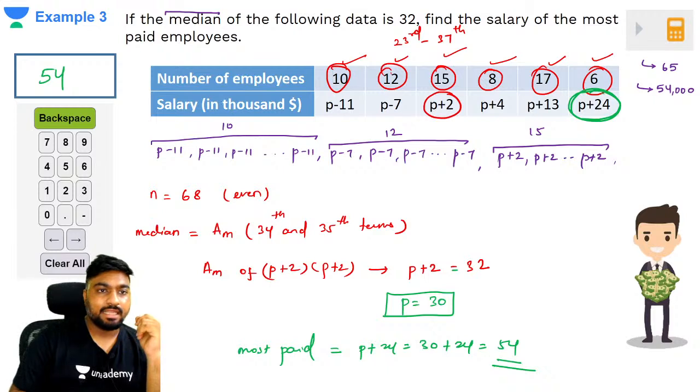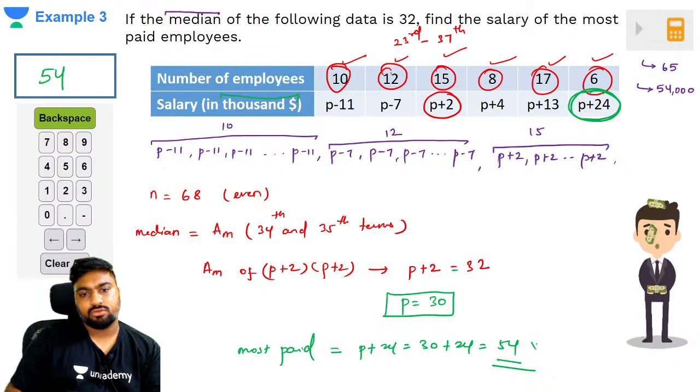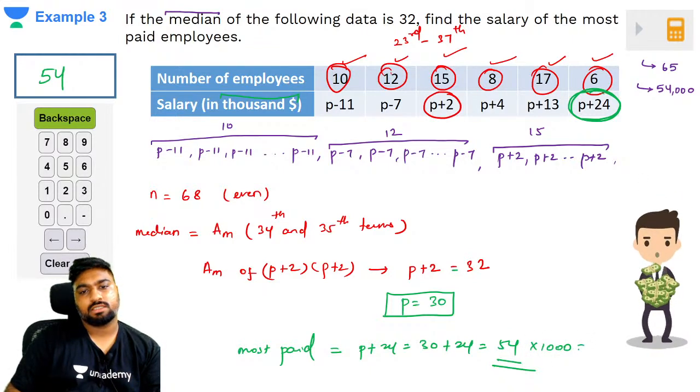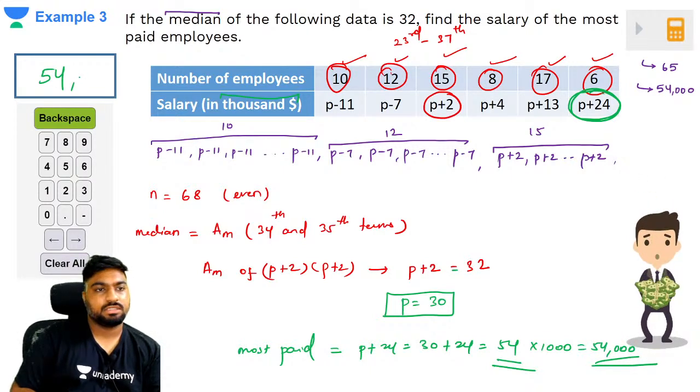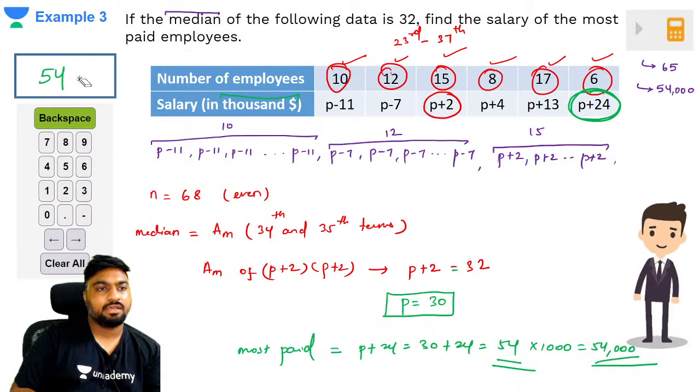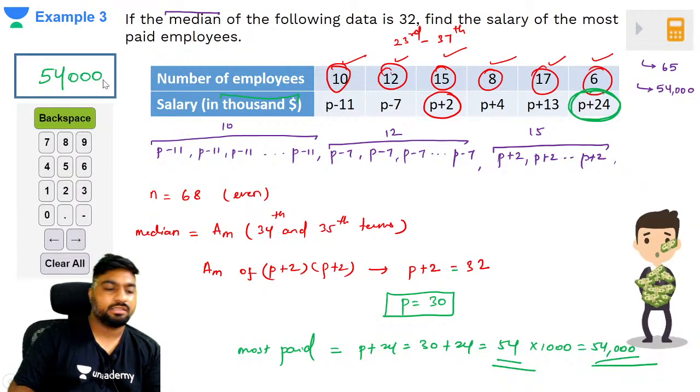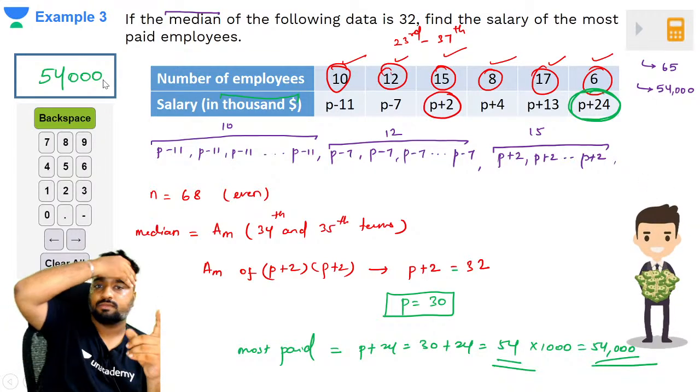It is salary in $1,000, so this multiplied by 1000 is $54,000.